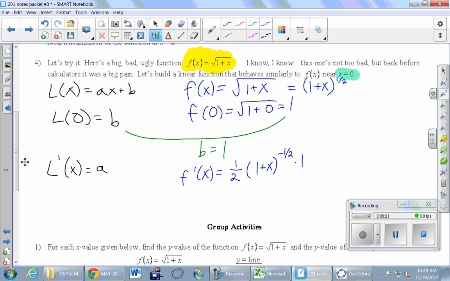Okay, all right, so that's fine. So let's go ahead and plug the same 0 into both the line and the derivative. So coming over here, L prime of 0 is a, because a is a constant, and so that L prime function is just always a. And then over here we want f prime of 0.